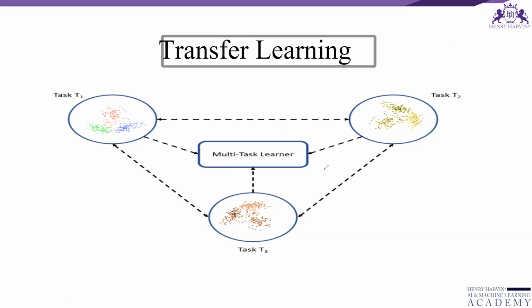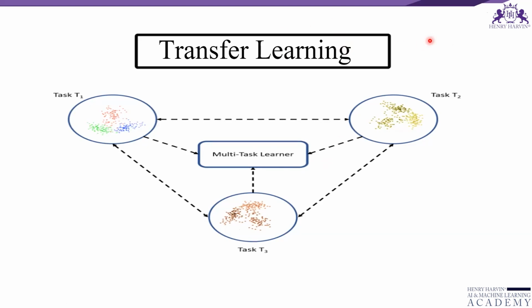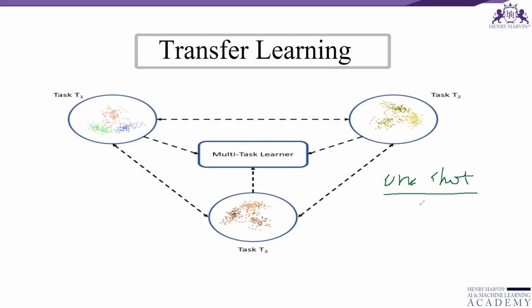If you take one-shot learning, let me start with a simple example. A child is shown what an apple looks like, and they can easily identify different varieties of apple.